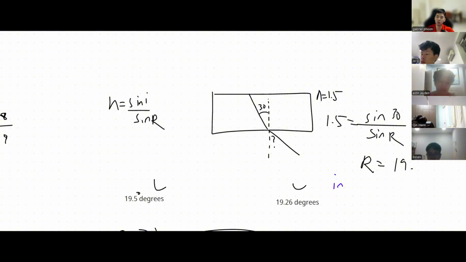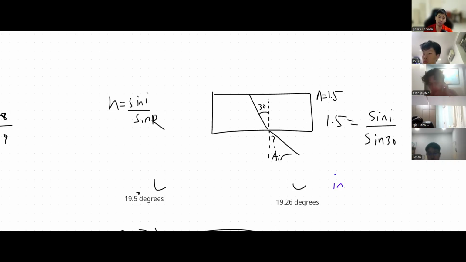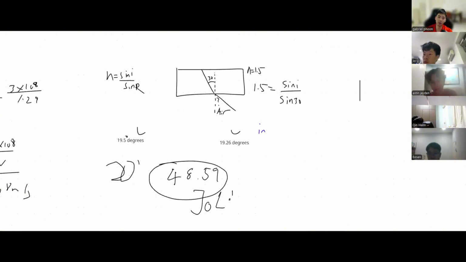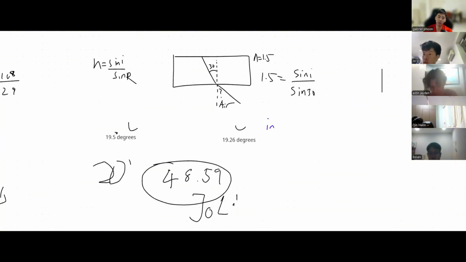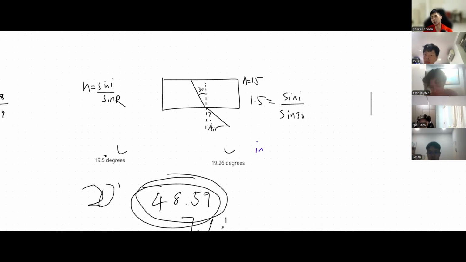You're supposed to use 1.5 equals sine I over sine 30, because we're looking for the one in air. From here, you should get an answer. And if Jolie's calculation is correct, you should get somewhere around 48.6 degrees. Can you guys do your calculation again, just to double confirm if his calculation is correct?